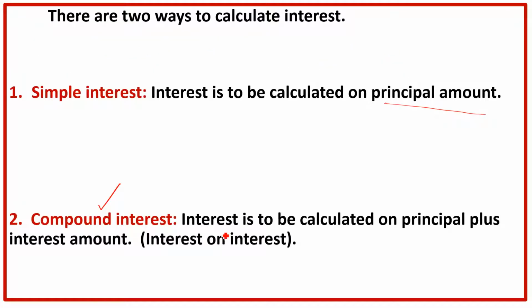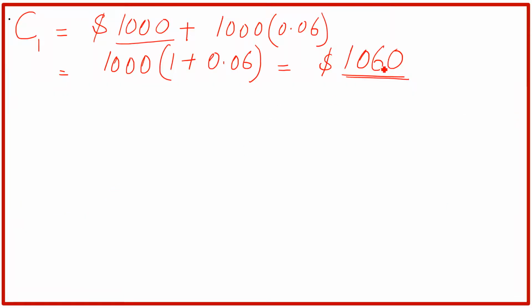So see here, interest is to be calculated on the principal, which is 1000 in our example, plus interest, which is $60 in our example. So the total is $1060. You will get interest on this amount in the next year, the second year. That is why it is called interest on interest.